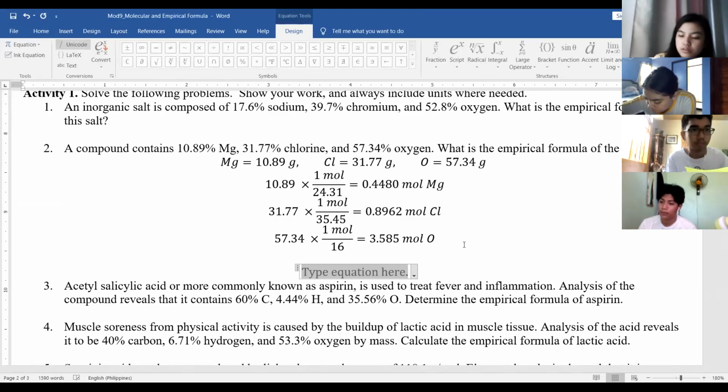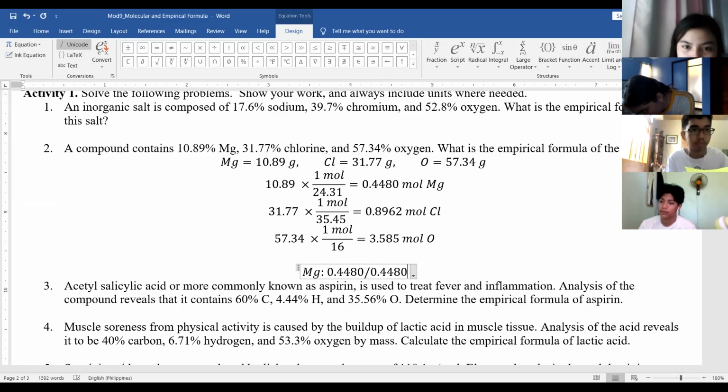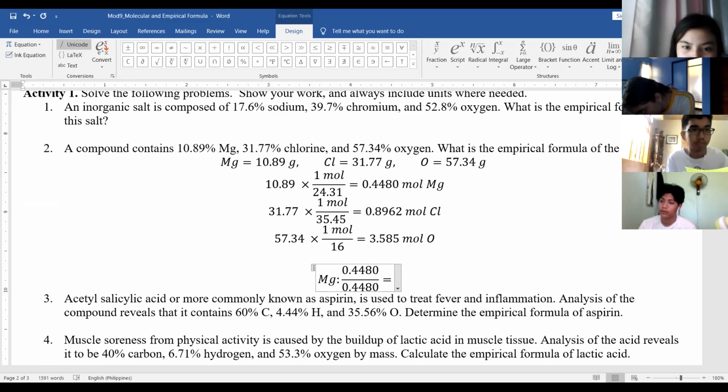Step number 3, let's start with choosing the least value of the 3 moles, and that is 0.44. So let's start with magnesium, not oxygen. For magnesium, we have 0.4480 divided by 0.4480. The result there is equal to 1.